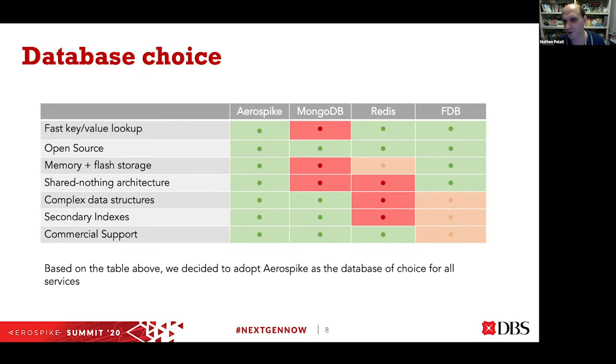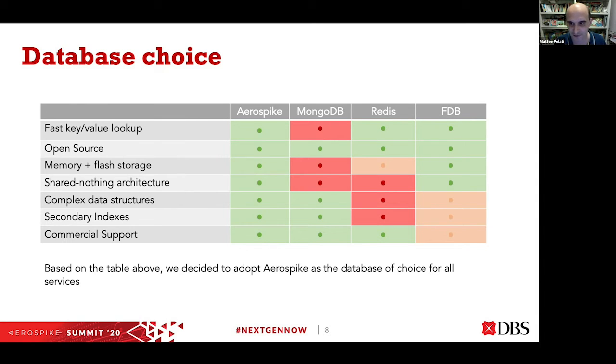We wanted a solution that was open source, and this is because it's a company policy. We're trying to move away from legacy solutions and move towards open source. We wanted a solution that was really fast, but we didn't want the burden of having everything in memory.